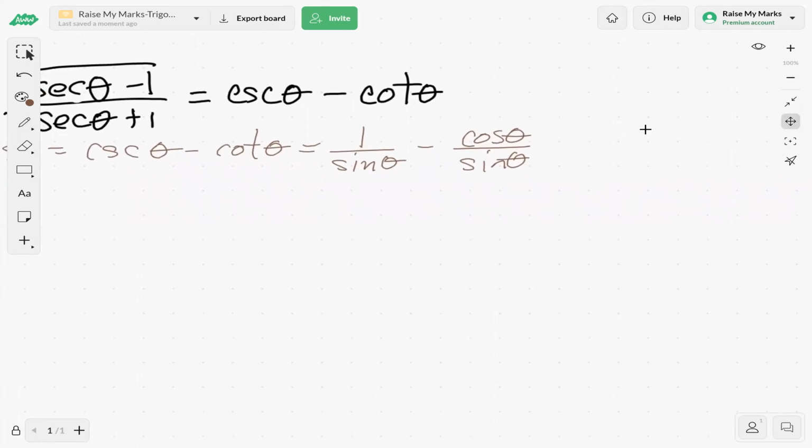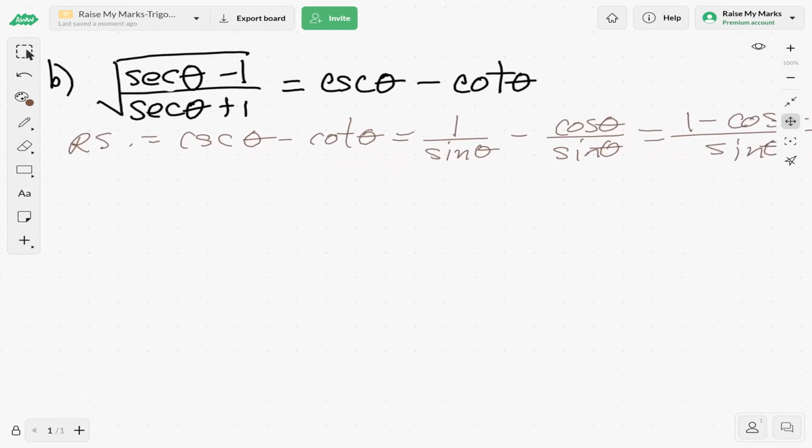So we have a common denominator of sine, so we can subtract our numerators: 1 minus cos theta over sine theta. Okay, so that's our right-hand side.